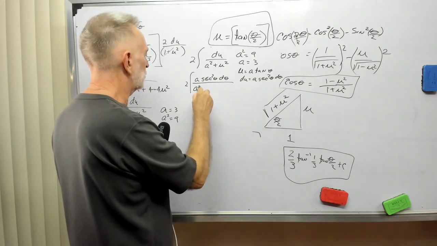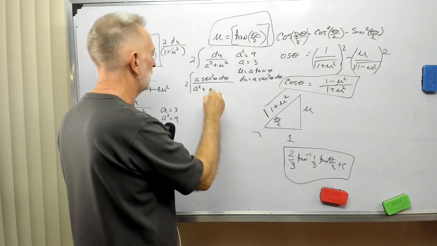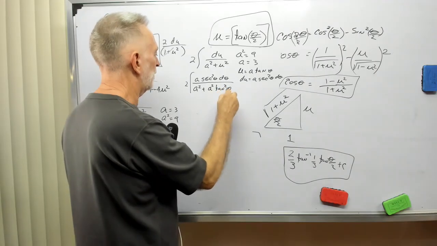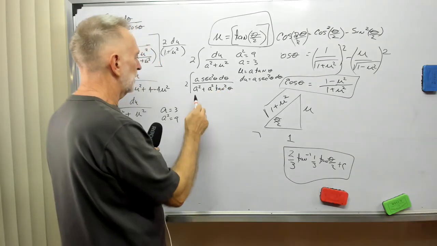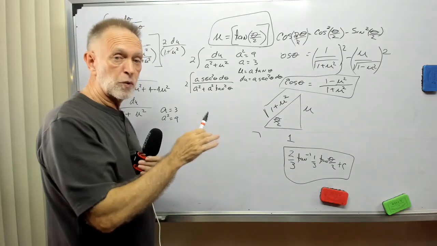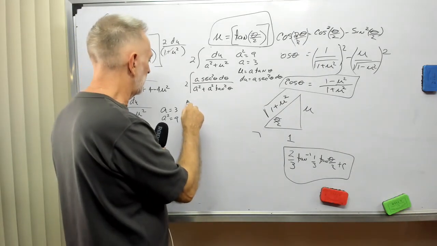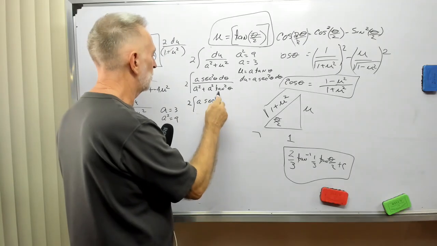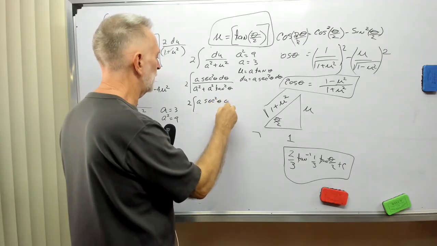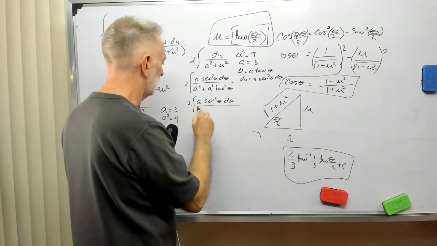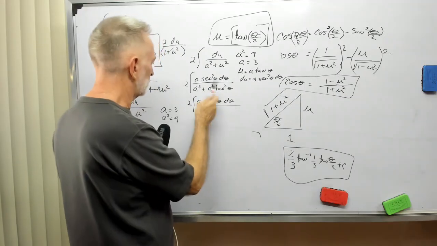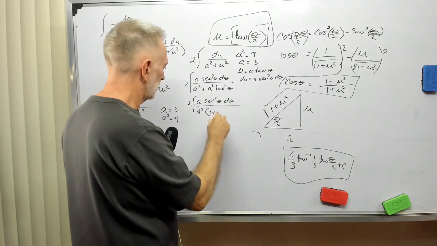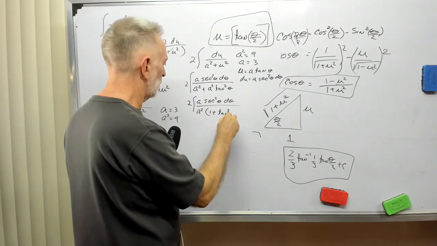So I have a squared plus a squared tangent squared theta. Okay, let me factor out the a squared in the denominator. So we bring down the secant squared theta d theta divided by a squared times what? 1 plus tangent squared theta.